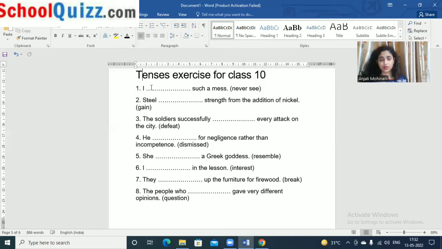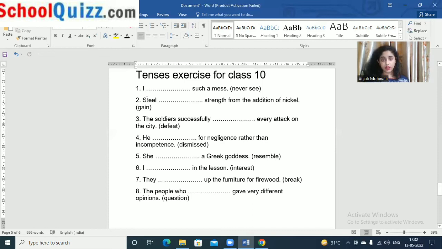So I hope you are solving the exercise. Shall I write down answers for you over here if you want? No, I won't be writing answers for you because then you will be copying. So at the end of the session, you can take a screenshot of the answers.